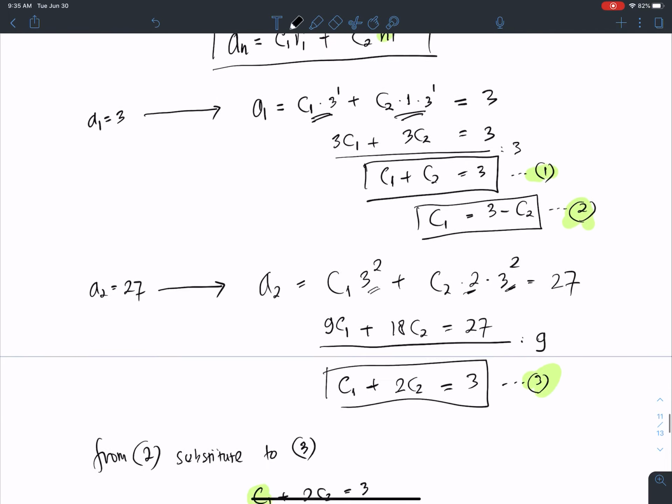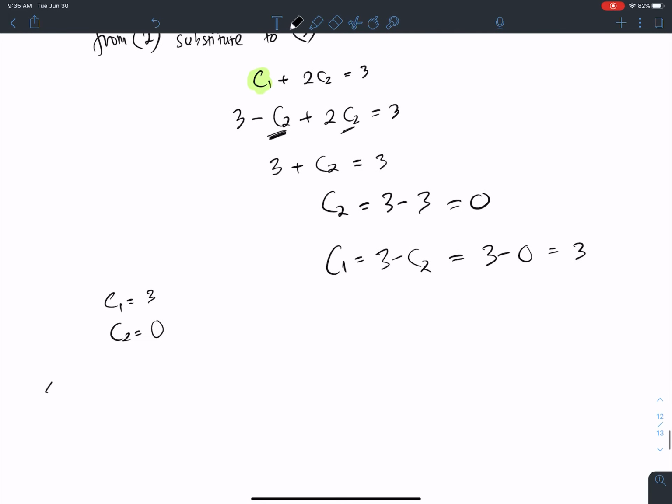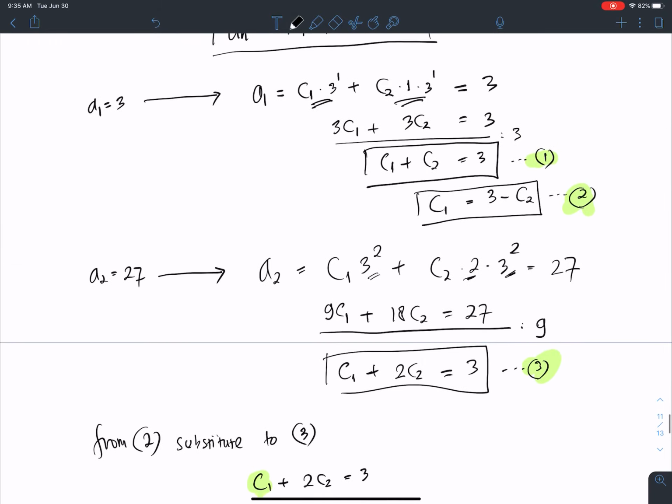So, step 4, substitute this c1 and c2 into the general formula, which we already put. Where is it?